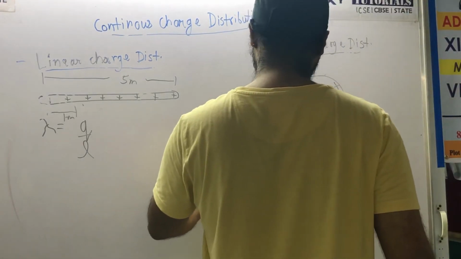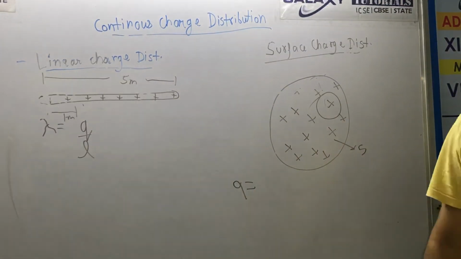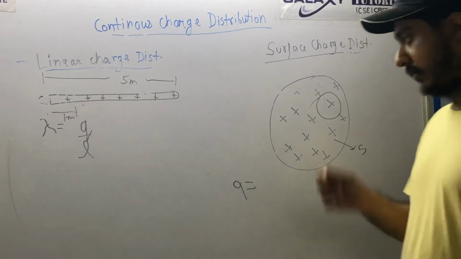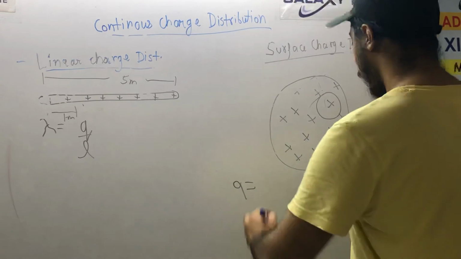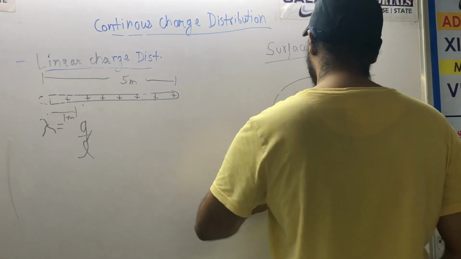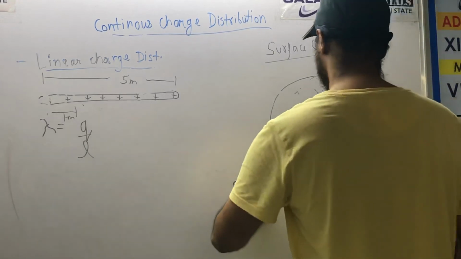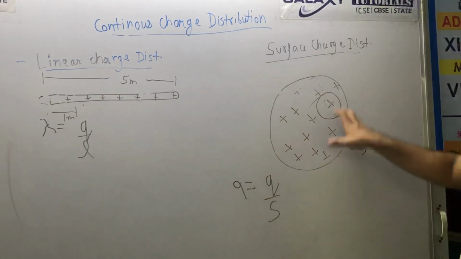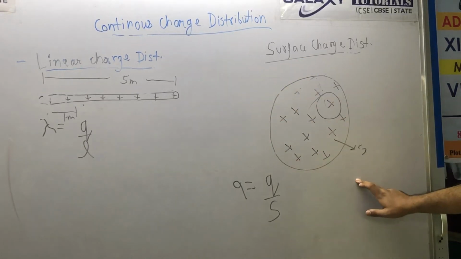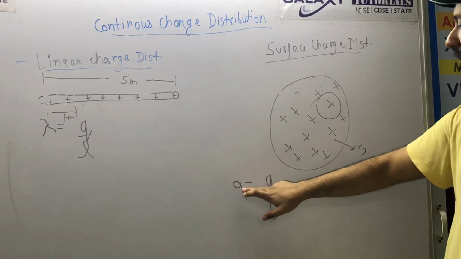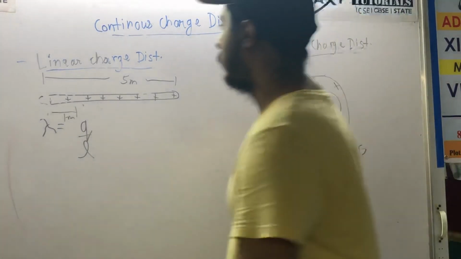Surface charge density is represented by sigma, and it is given by the formula Q upon S. Q is the total charge distributed along the body, and S is the total surface area.